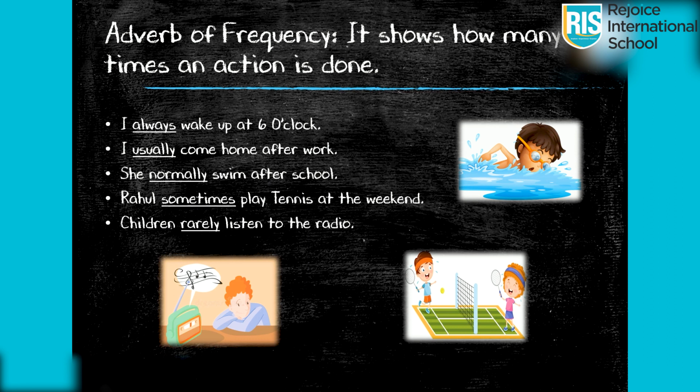Let's take the example. I always wake up at 6 o'clock. So this is the action which is being done always. How often he gets up at 6 o'clock? Always. So always over here becomes adverb of frequency. It is indicating us that the action is being taken place always. So always is adverb of frequency.